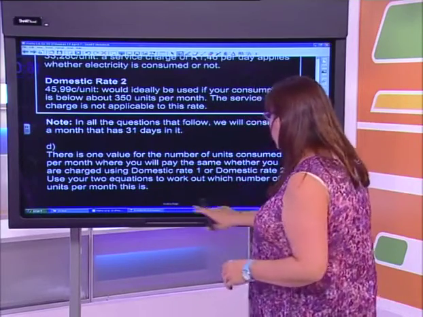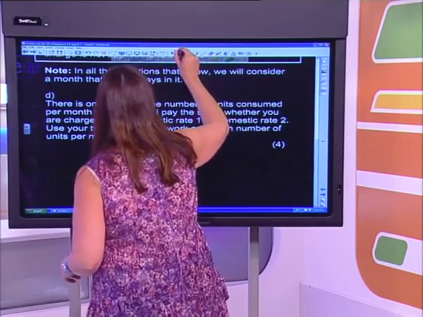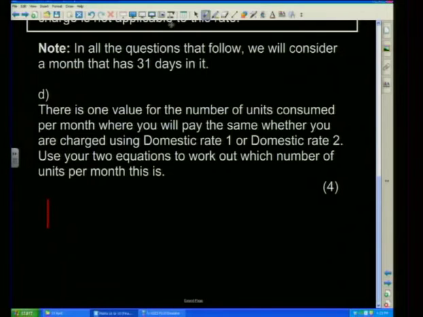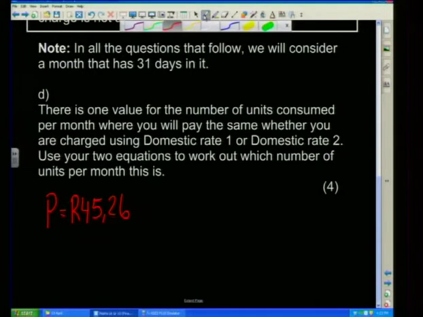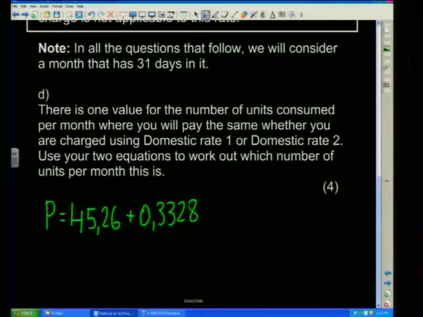So with equations, what I'm going to do is write out the two equations. So let's look at the equations. The first equation I had was P equals 45 Rand 26 plus 0.3328 N. That was domestic rate 1.